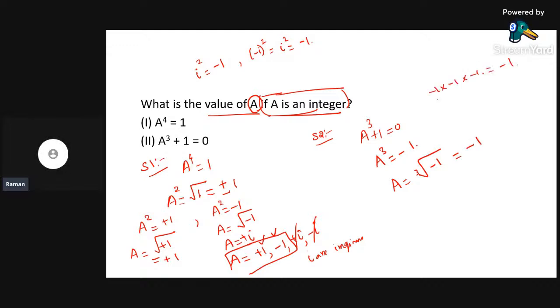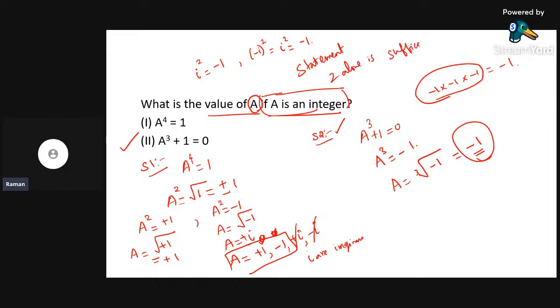There was ambiguity in the first statement. What is the exact value of a? It is minus 1. What is the answer? Statement 2 alone is sufficient. Is it clear?